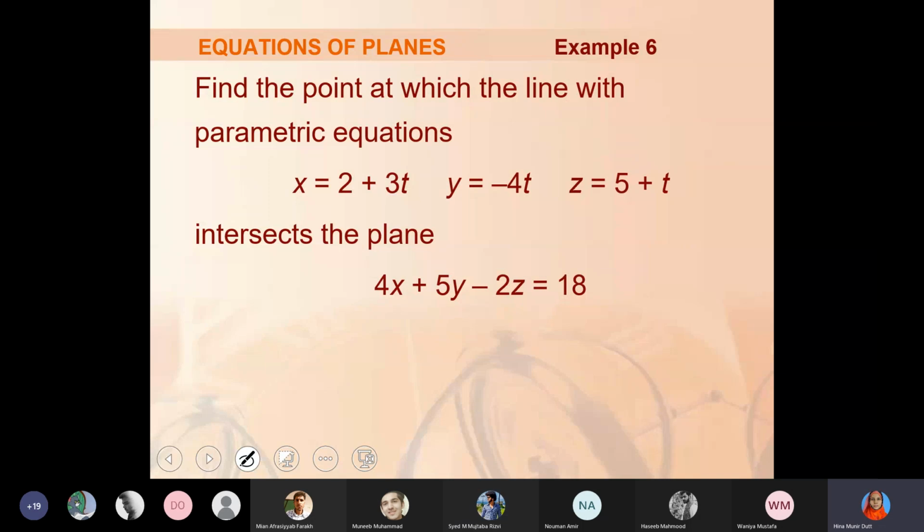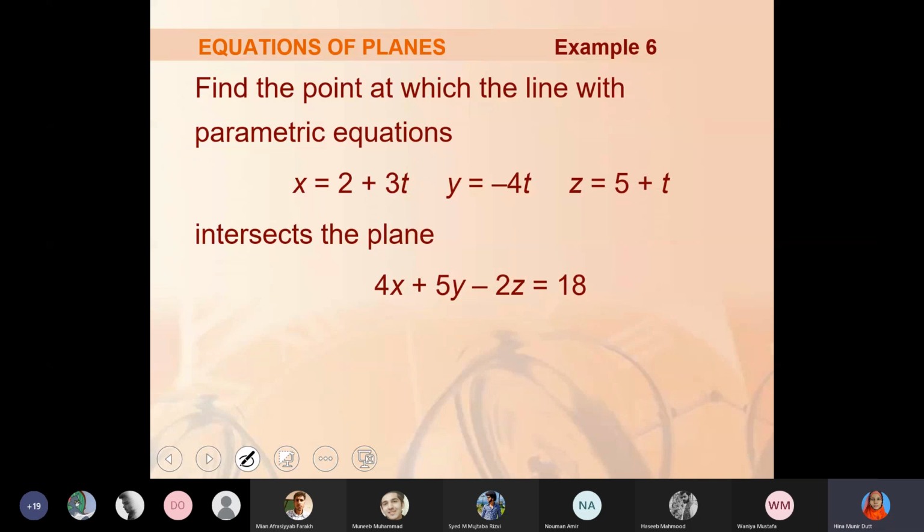Yes, exactly. If the line lies on the plane, then the intersection of the line and the plane is the line itself. So now, we have to check whether the line is lying on the plane. Can we see from here that the line is lying on the plane? We will find the vectors.